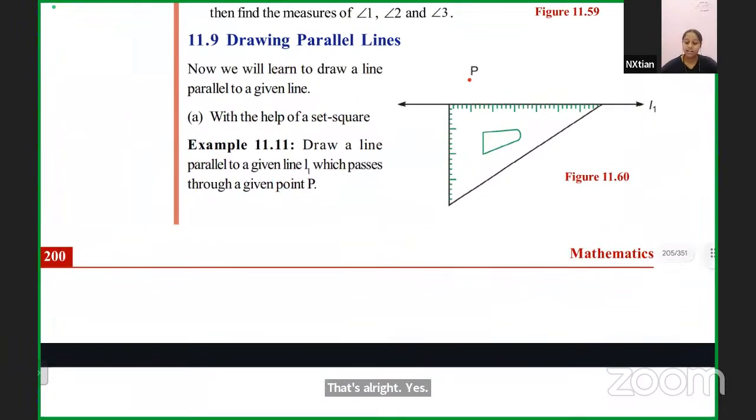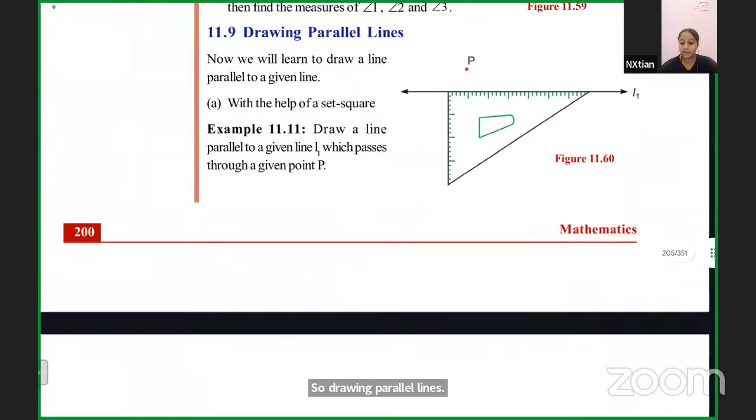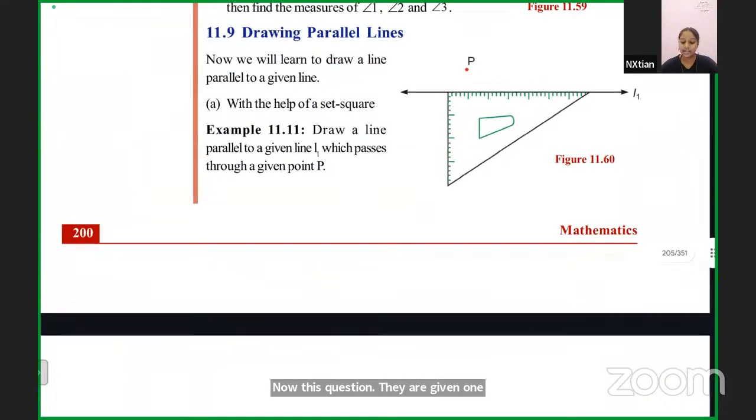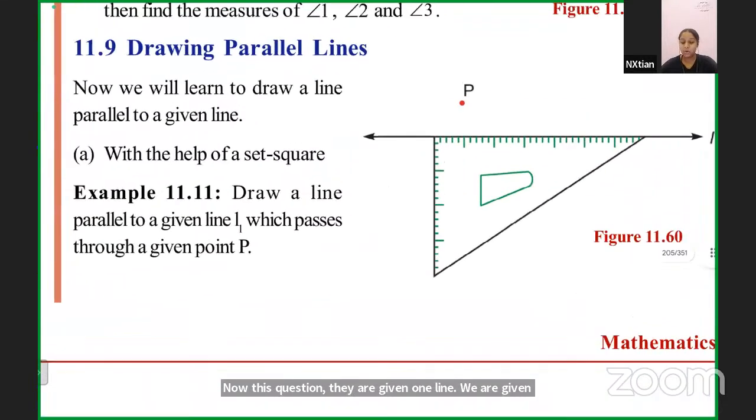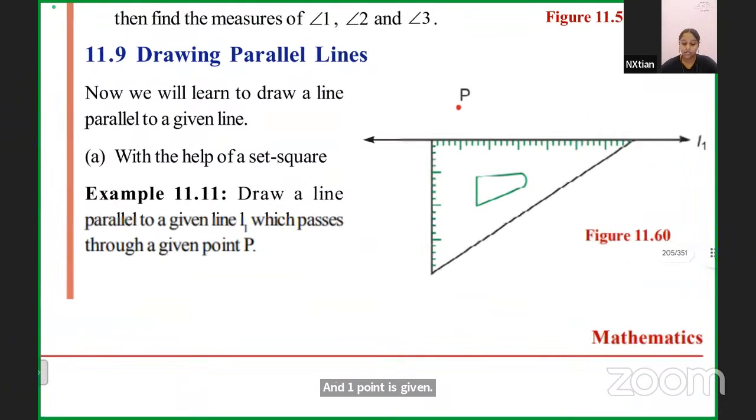So, drawing parallel lines. Now, in this question, we are given one line, that is L1, and one point is given, point P. You can draw one line and then put a set square on it, and on the 90-degree side you draw a dotted line, and then you turn the set square around, and one of the lines on the 90-degree side should coincide with the second line, and then you draw a line on that.